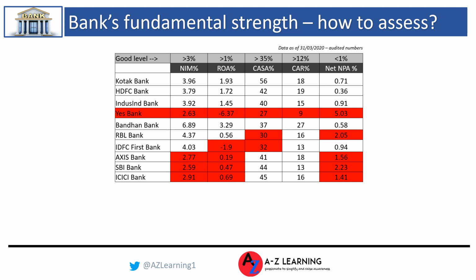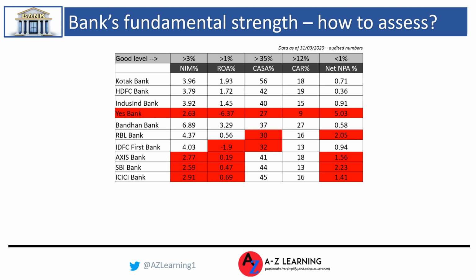In the first row I've captured the good level. So for each metric, I've captured what is the good level for that particular metric. For example, in the first column, net interest margin, I'm saying it must be more than 3%. So if this number is more than 3% for the banks, then it is considered good.